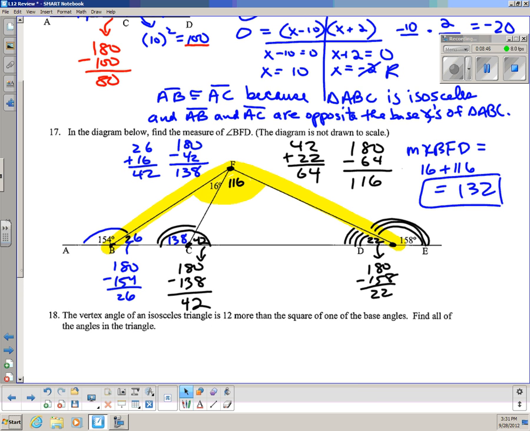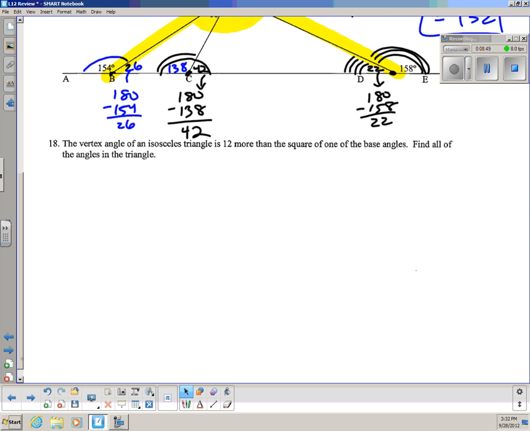Number 18 says the vertex angle of an isosceles triangle is 12 more than the square of one of its base angles. Find all of the angles in the triangle. So I have my isosceles triangle. The vertex angle is 12 more than the square of one of the base angles.